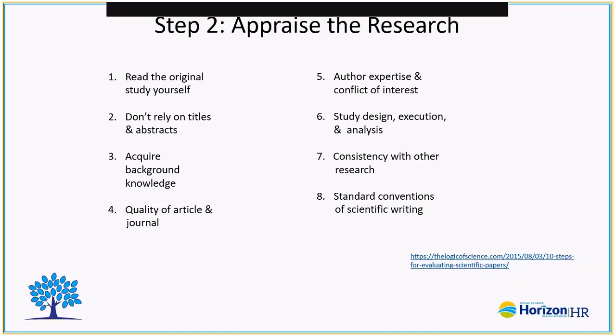The steps may vary. The resource I took this from actually had 10. I took out the one that addressed the impact factor metric and the one that said if all else fails, Google to see if you can find a reputable paper to refute the paper that you're questioning.